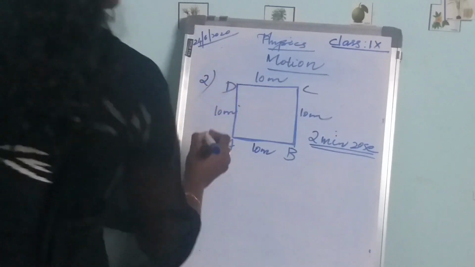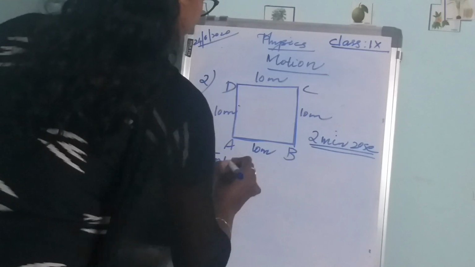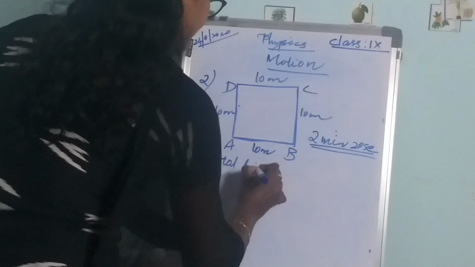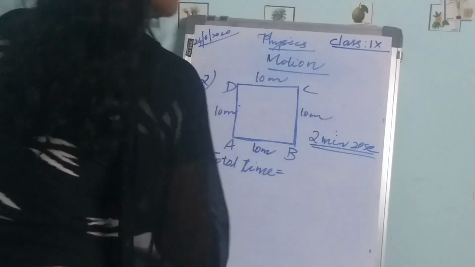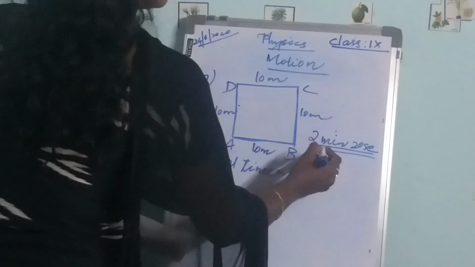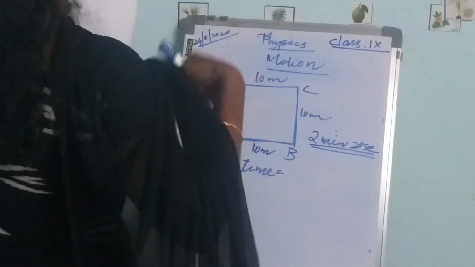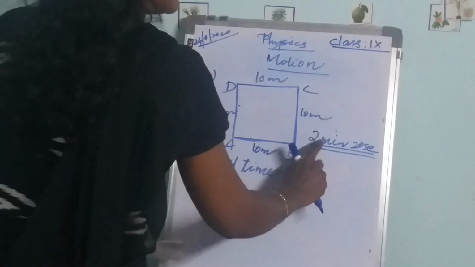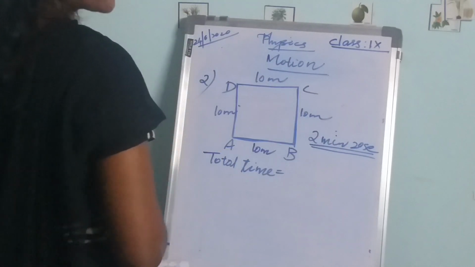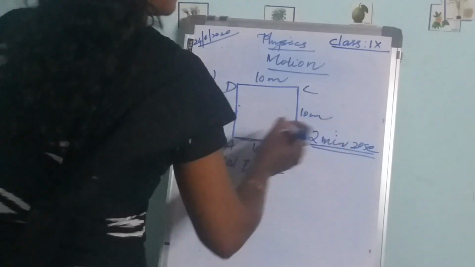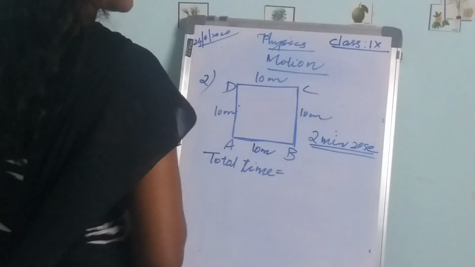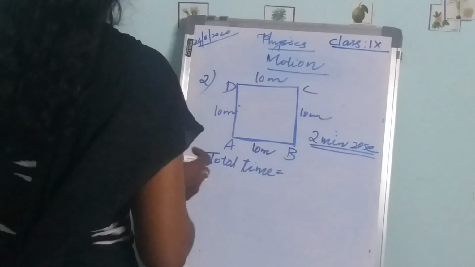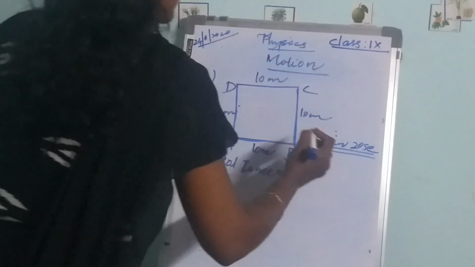Okay, so we can first write the total time. Total time is equal to 2 minutes 20 seconds. Actually here we have to convert this 2 minutes into seconds. You know, 1 minute contains how many seconds? It is 60. So 2 minutes contain 120 seconds.